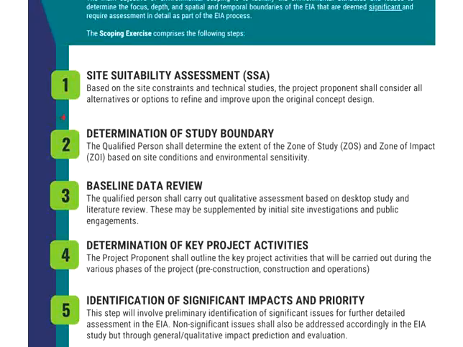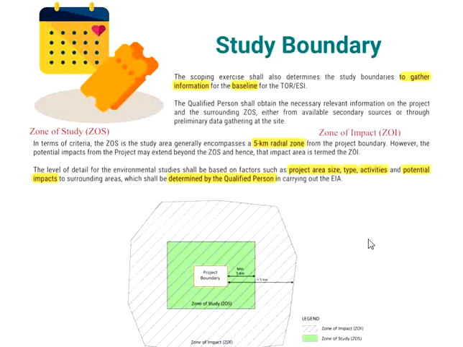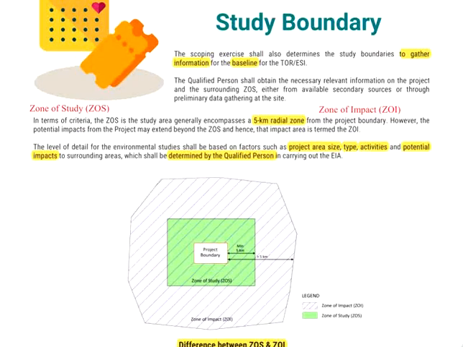Now, in the second stage here, we are to determine the study boundary. That means the qualified persons should determine the extent of the zone of study and the zone of impact. The guideline provides an illustration distinguishing the zone of study and the zone of impact. It says that the zone of study is the study area generally encompassing a 5 kilometers radius zone from the project boundary.